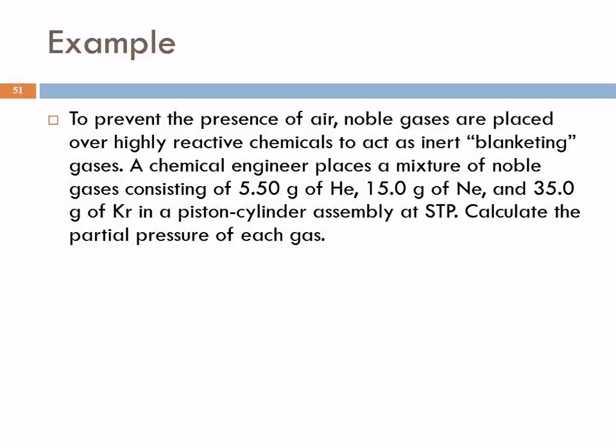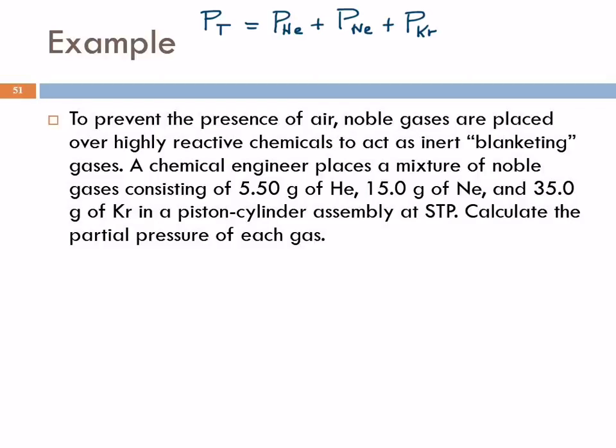We have 3 different gases in here. So what do we know about mixtures of gases? We learned 2 equations. One of them is Dalton's law of partial pressures, which says that the total pressure of this thing is going to equal the partial pressure from the helium, plus the partial pressure from the neon, plus the partial pressure from the krypton.